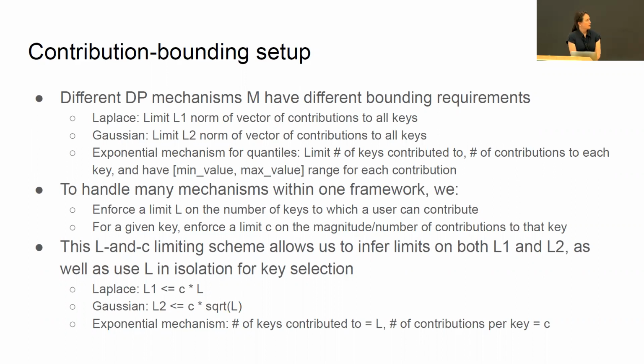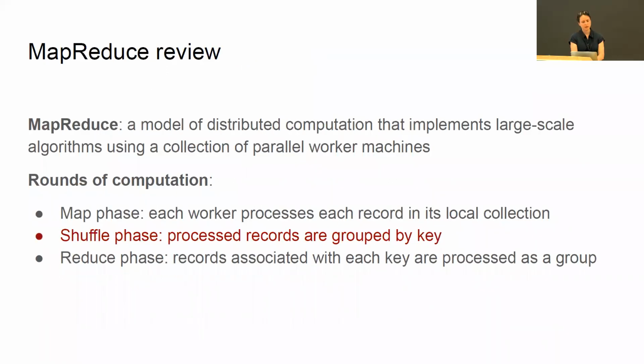In the next few slides, I'm going to talk about several alternative system designs operating in a MapReduce framework. Just to review, in this framework, input records are initially divided arbitrarily among workers, and then the computation proceeds in rounds. In each round, we have these three phases.